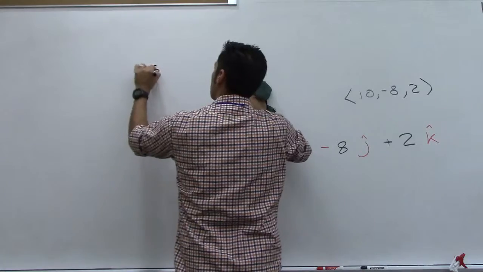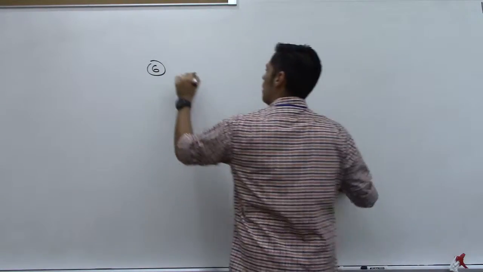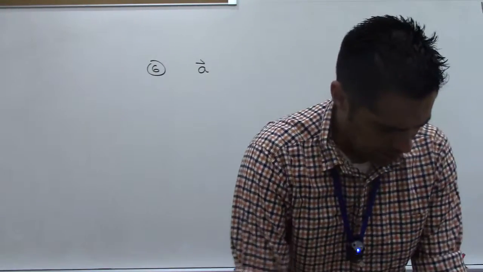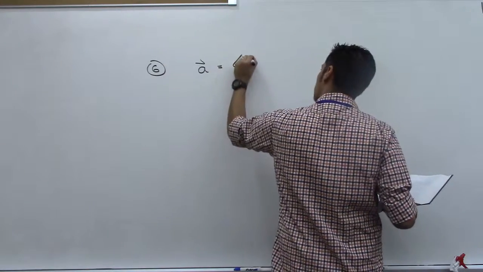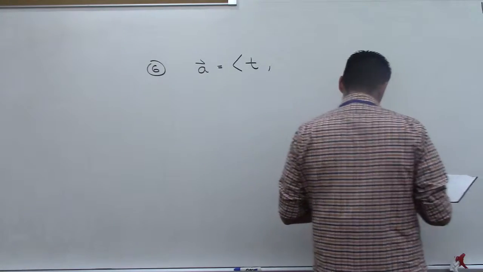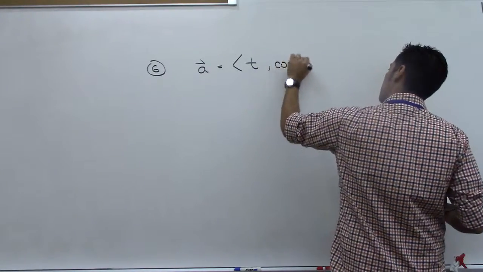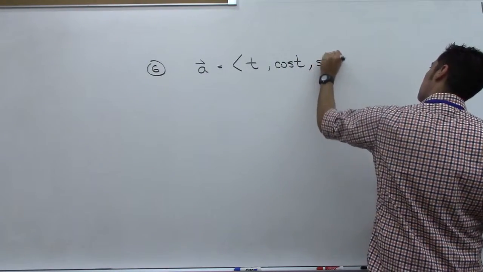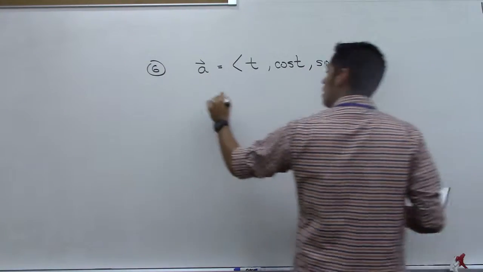Number 6. Okay, so they give you a vector A, and it looks kind of weird. It's T, the T is for the I component, cosine T for the J component, and sine T for the K component, which we have there.